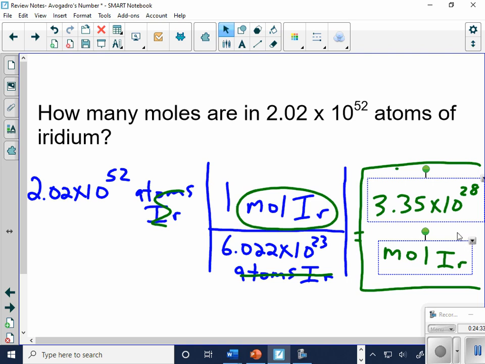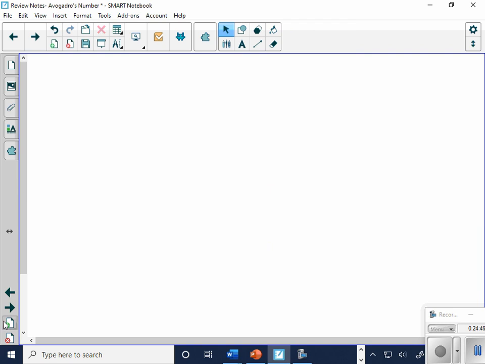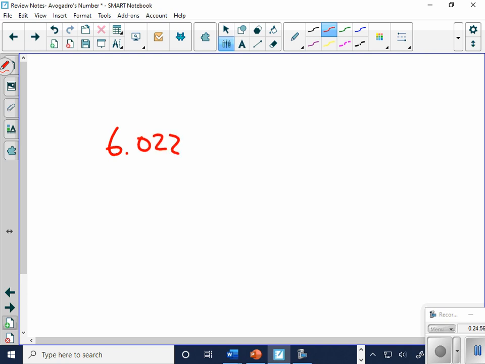Now, one thing that I haven't talked about, ladies and gentlemen, is how do I work my calculator? Because we're going to run into problems if we do something like this. When I have Avogadro's number, and I plug it into my calculator, people want to hit the times button, then the 10, then the caret, and then the 23.